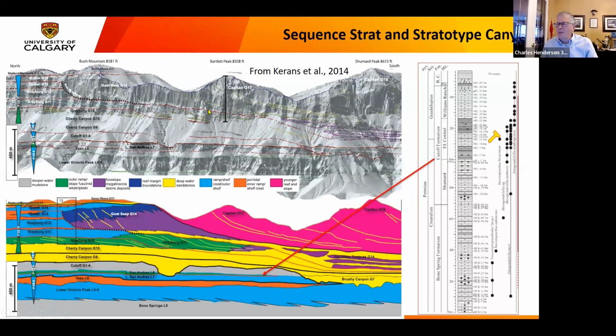I just want to point out, this is a LiDAR of one of the escarpments, and here's the Cutoff Formation right in here. And the GSSP that we have currently selected is within the Cutoff Formation's El Centro Member, as Shuzhong has pointed out.